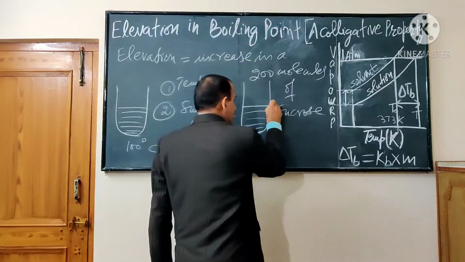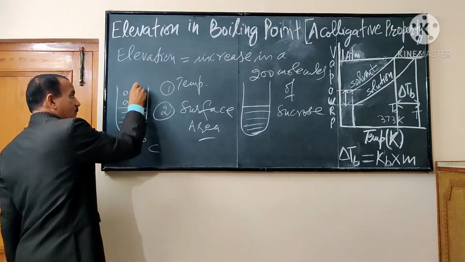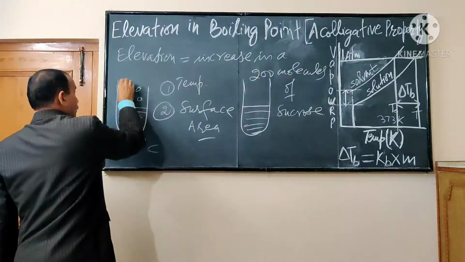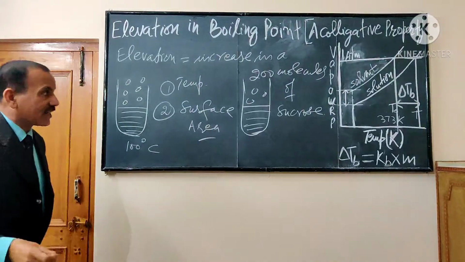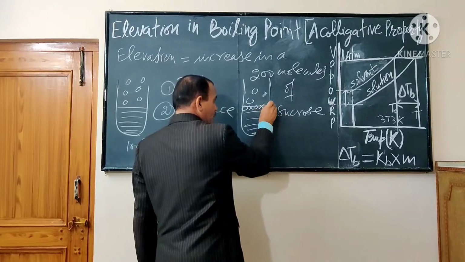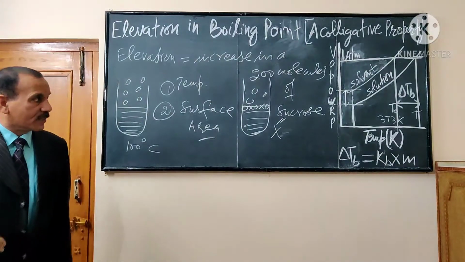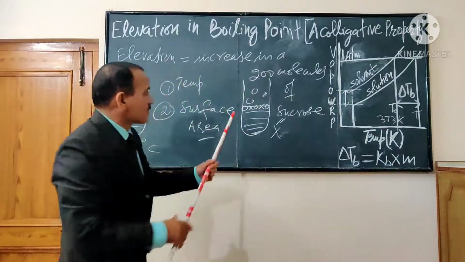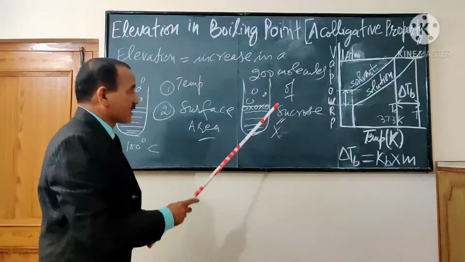Here, the water molecules in vapor phase are present to a lesser extent because on the surface we have some sucrose molecules. Sucrose molecule is represented by a cross. Because of the presence of sucrose molecules on the surface of water in the solution, fewer vapors are formed, so vapor pressure is less.